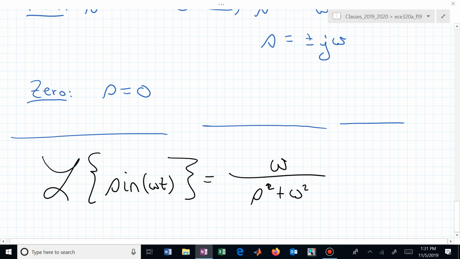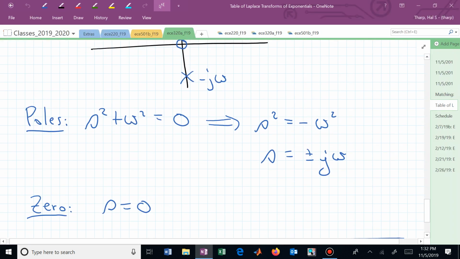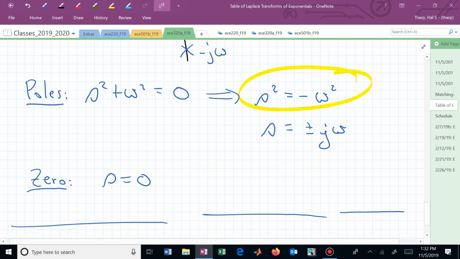What about the sign? Question. Is the question focusing on this? Yeah. And now what I'm doing is I'm taking the square root of both sides to find s. So now I have s squared is equal to minus omega squared.